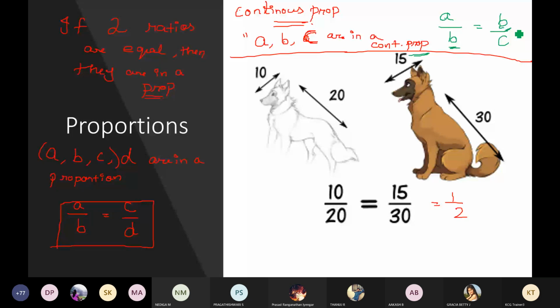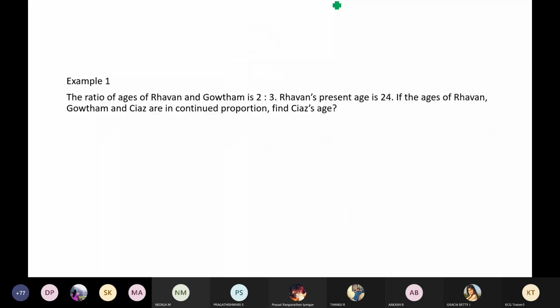The ratio of ages of Raghavan and Gautam is 2:3. So Raghavan's age divided by Gautam's age will be 2:3. Raghavan's present age is 24. Listen carefully.